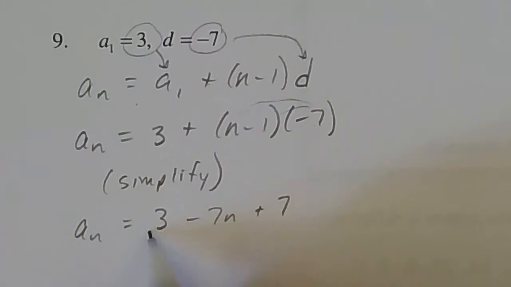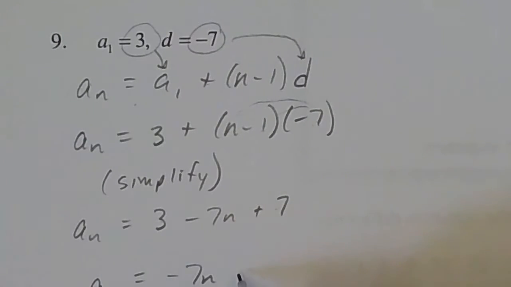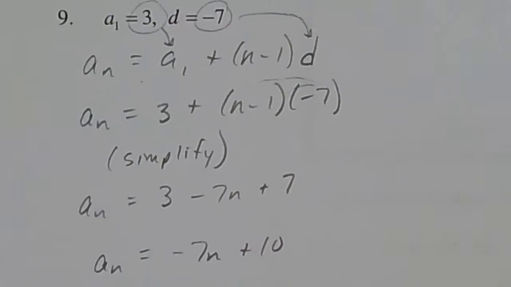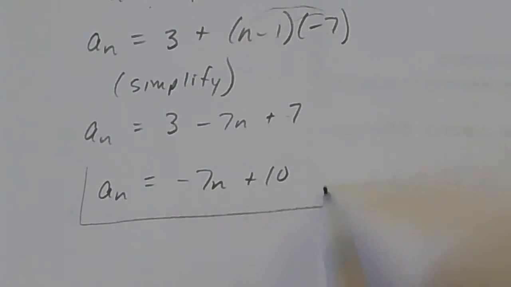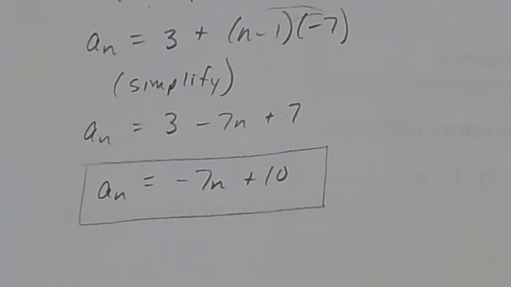All right, and then the 3 and the 7 obviously are like terms. So my formula is going to be negative 7n plus 10, unless you wrote the 10 first. 10 minus 7n would work as well. Okay, so that's the formula that now we can use to find any term quickly. Throw in the n back.